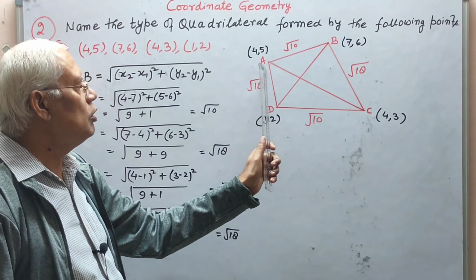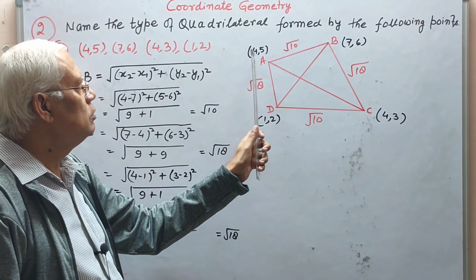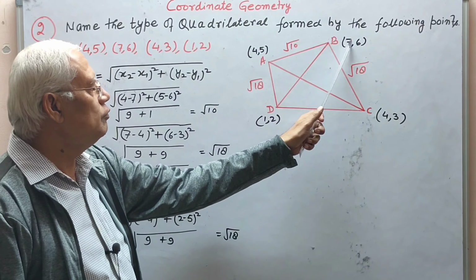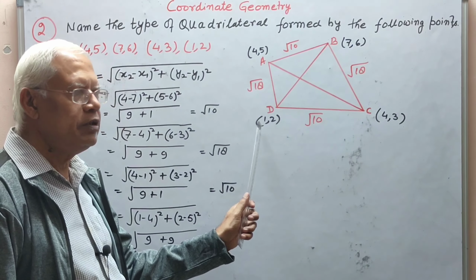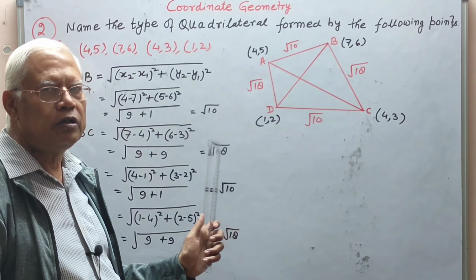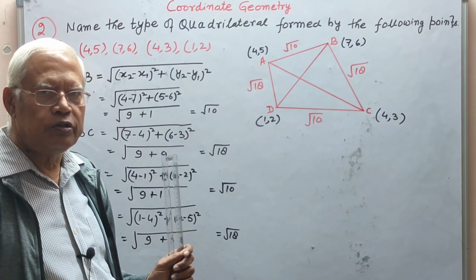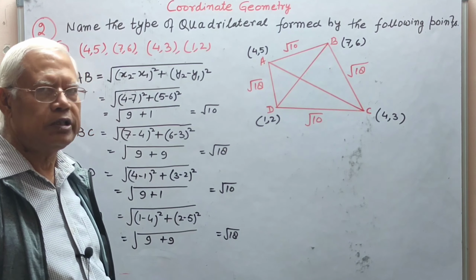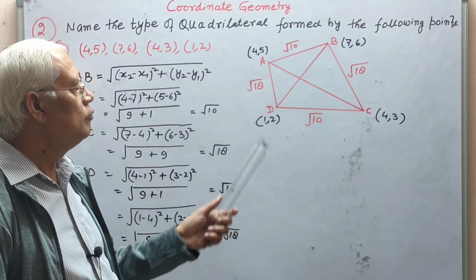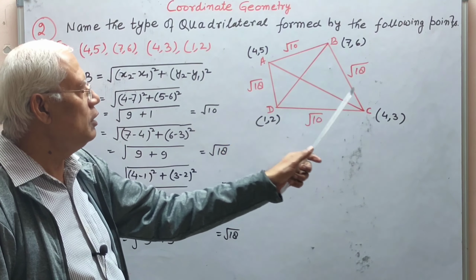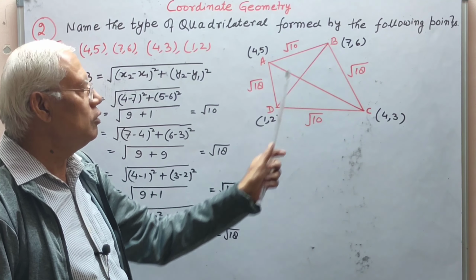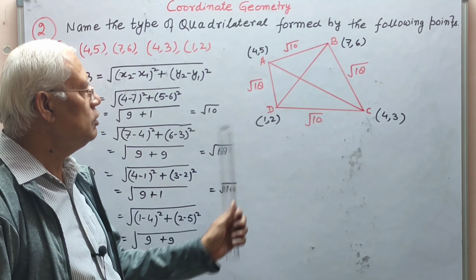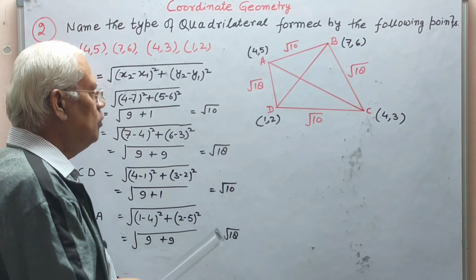So the quadrilateral formed by the coordinates of these vertices may be a rectangle or a parallelogram. So in order to decide whether it is a rectangle or a parallelogram, we need to find the lengths of its diagonals also.